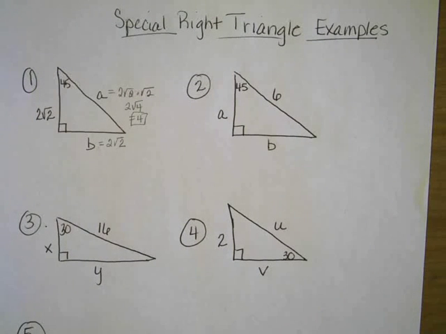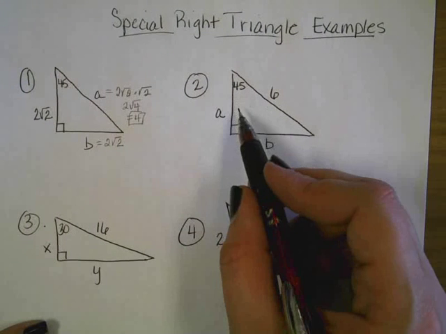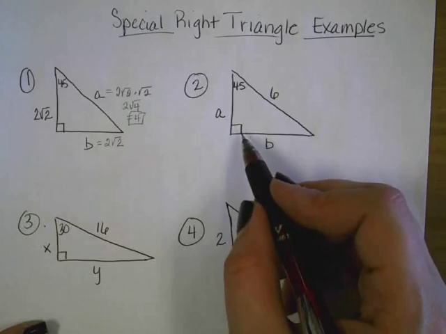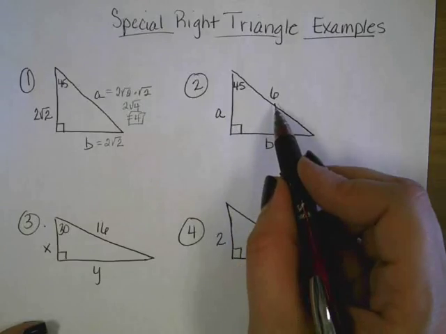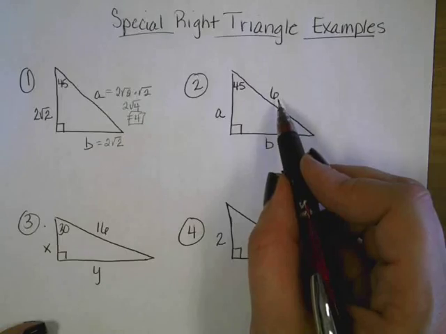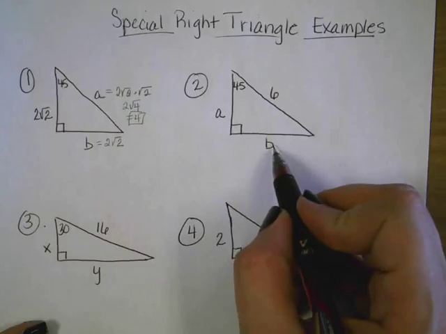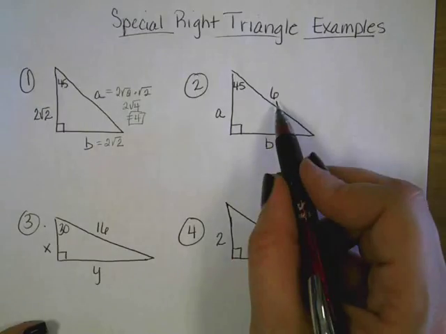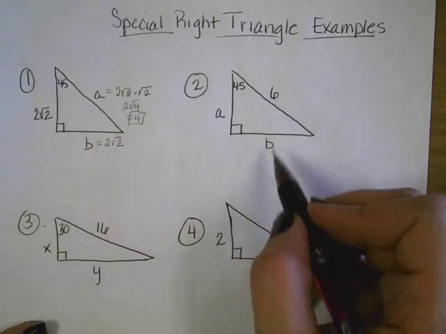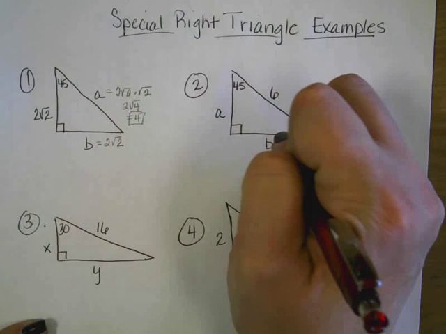All right, but then if we look at example 2 over here, I still have a 45, 45, 90. This time we were given the hypotenuse is 6. According to our sheet, if you have the hypotenuse and you want to go back to the legs, you take the hypotenuse and divide it by the square root of 2.